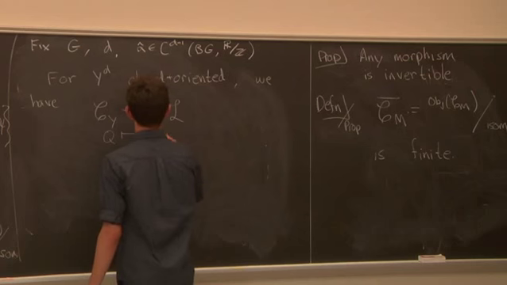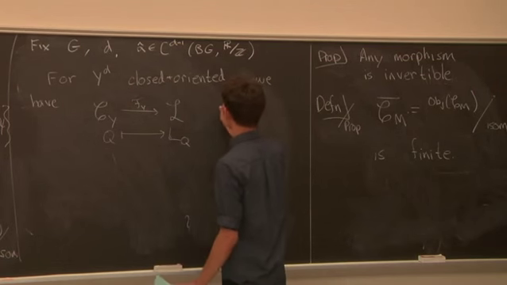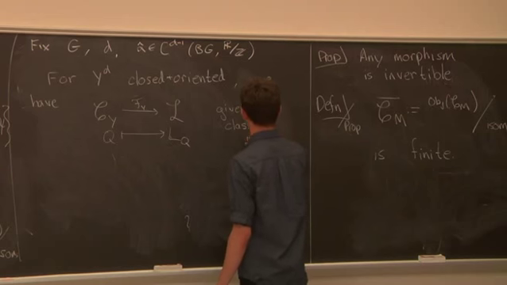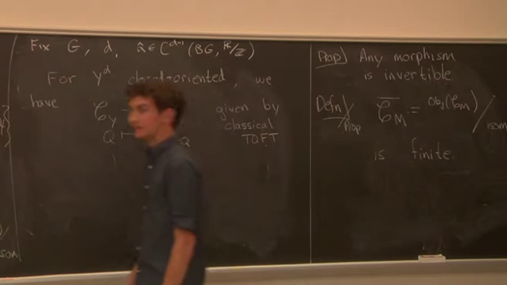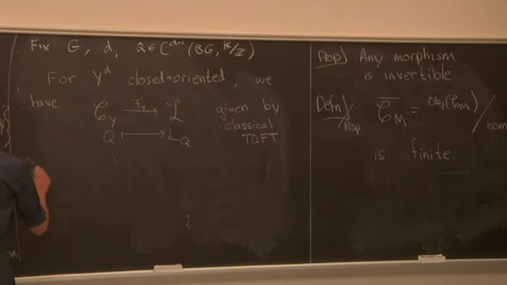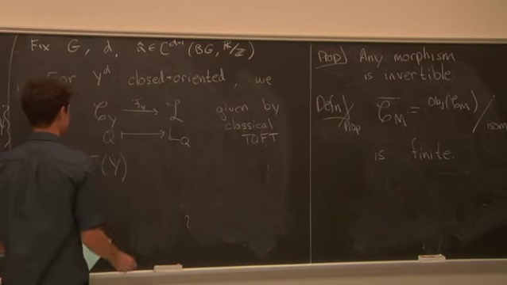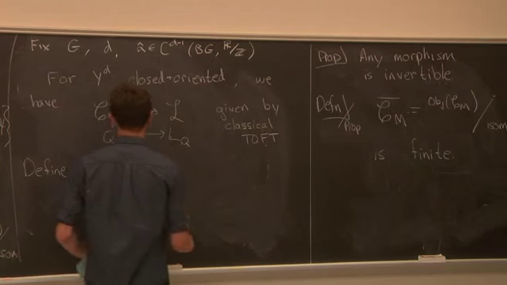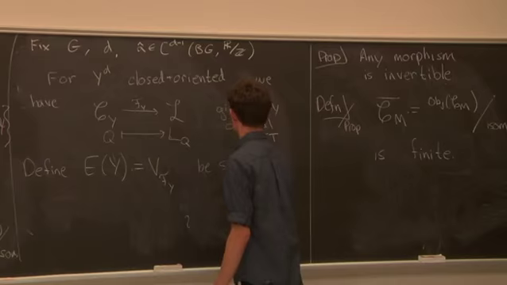This was given by the classical TFT. And so we'll define the vector space we associate to Y to be invariant sections of this functor.